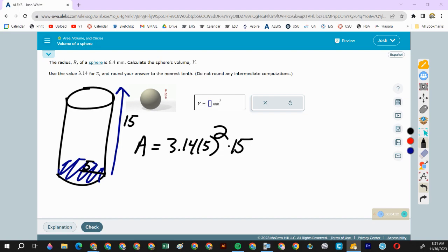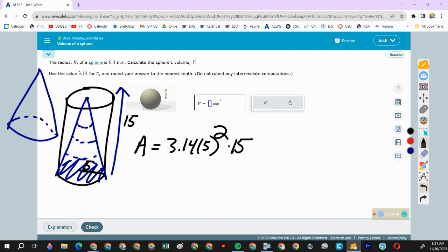Okay? Well, what if I put a cone inside of this? Let's see if I can draw the cone. So that cone looks like this. How do you think the volume of that cone is going to compare to the volume of the cylinder? Well, it's exactly 1/3 as big, just like the pyramid.